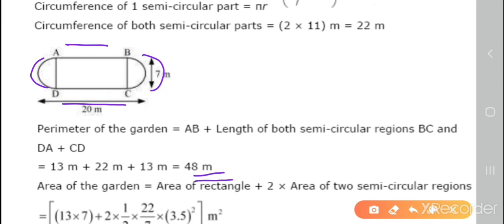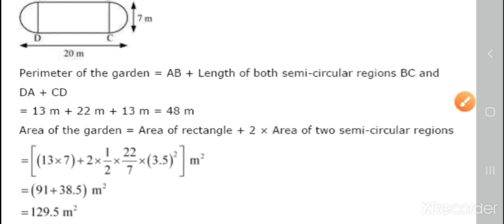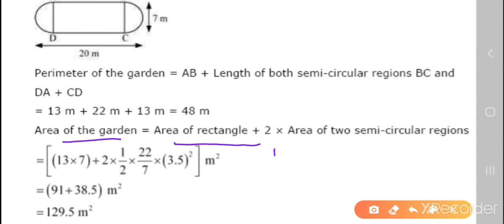Now we will see the area. So here, once more, area of the garden is equal to area of the rectangle plus 2 into area of the two circular regions. Okay, so how to do that?